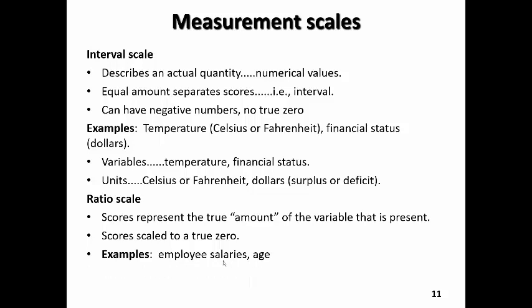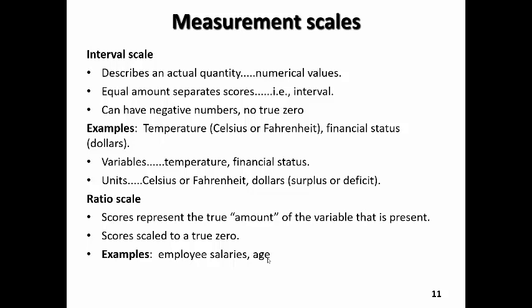With employee salaries, if the salary is zero, the zero would indicate the absence of any salary, so the employee has not generated a paycheck. The employee cannot have a negative salary. And if we track age from the point of birth, we don't have a negative value for age.